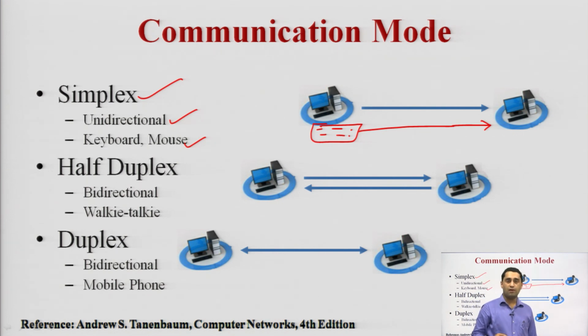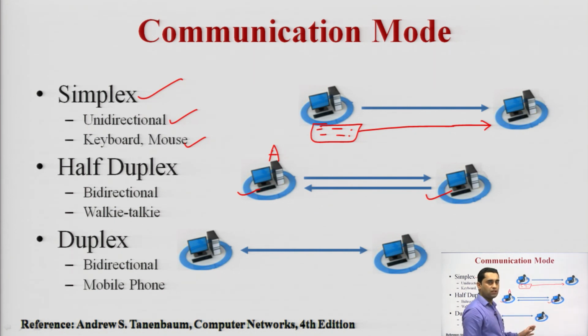Then we have another category where both directional data transfer is possible, but one at a time. Okay. This is known as half duplex. Half duplex says yes, both the systems or both the networking nodes can interact with each other, but one at a time. If node A is sending data to B, then B will sit idle.